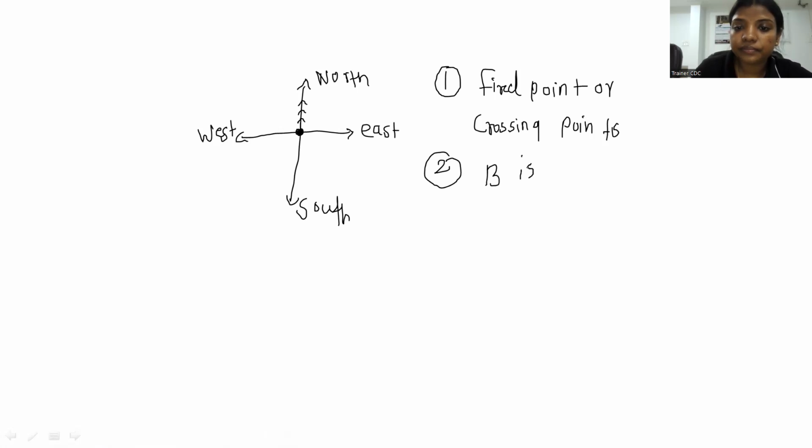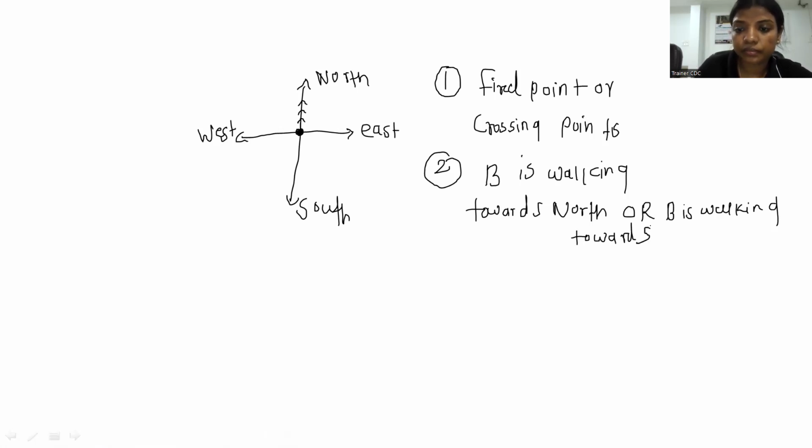Now, second important concept is that let's consider B now. B is walking towards north, or the same sentence they can frame in other words. B is walking towards straight.